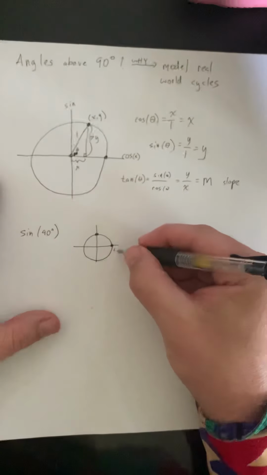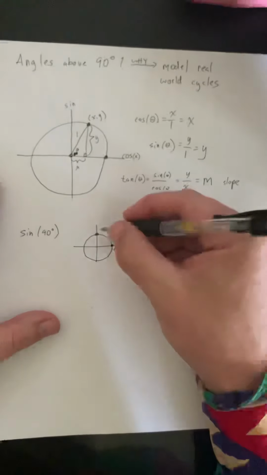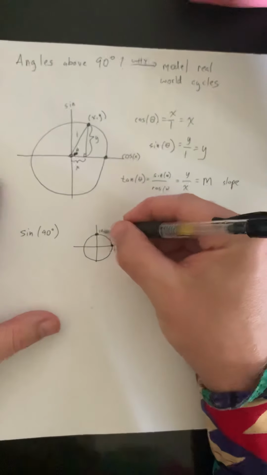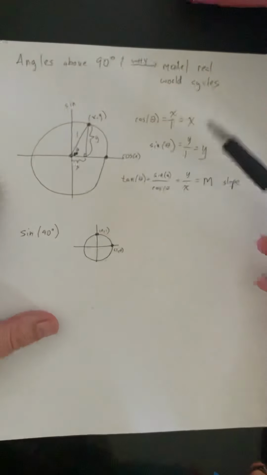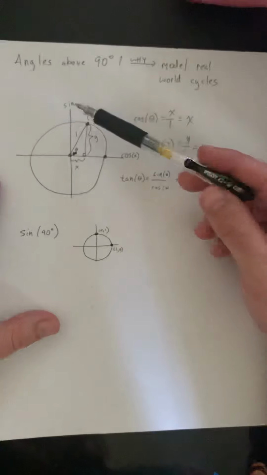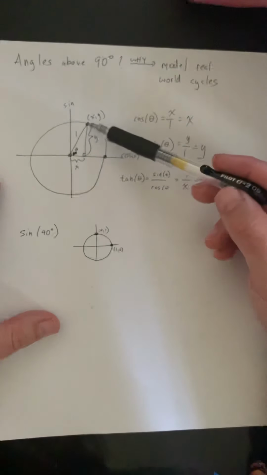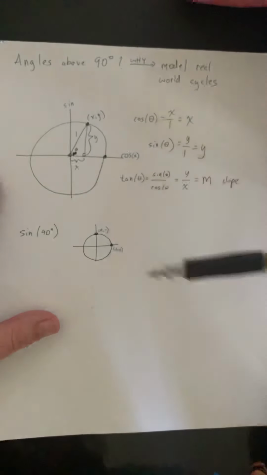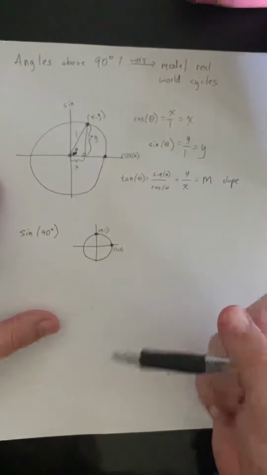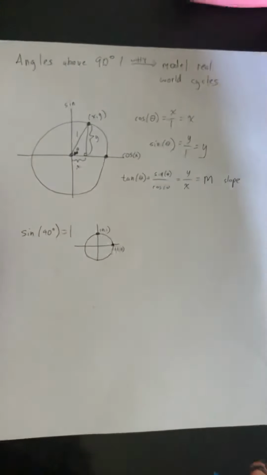This point, we know its coordinates. It's 0, 1. Earlier, we said that the sine is the y value of your terminal point, and the y coordinate of this point right here is 1. So boom. Sine is 1. That was actually kind of easy.